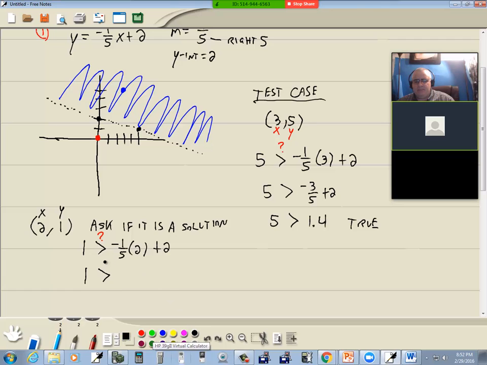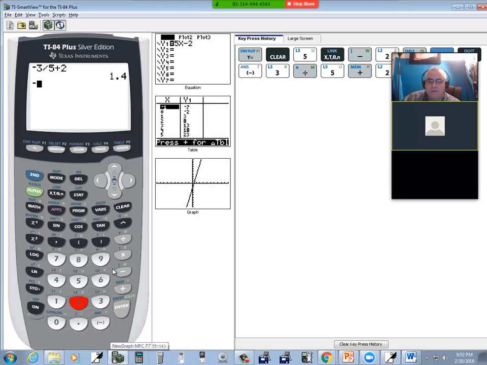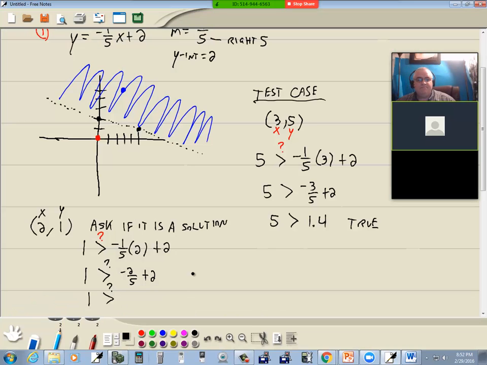So we got negative 1/5 times 2 gives us negative 2/5 plus 2. And I really am not very good with decimals. Let me plug that in. Negative 2/5 plus 2 would give us 1.6.